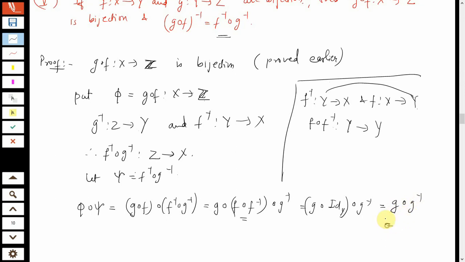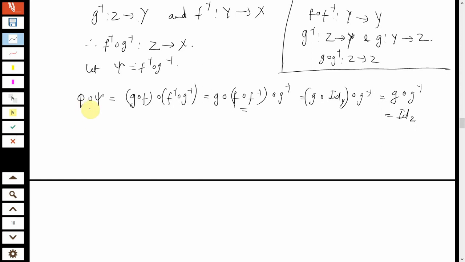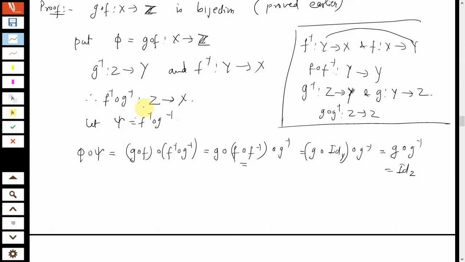G inverse is a map from Z to Y, and G is a map from Y to Z. So G composite G inverse is a map from Z to Z, and we claim that G composite G inverse in this case has to be the identity map defined over Z. And so we claim that phi composite psi is an identity map over Z. So now we need to only show that psi composite phi is an identity map over the domain of phi, that is X.